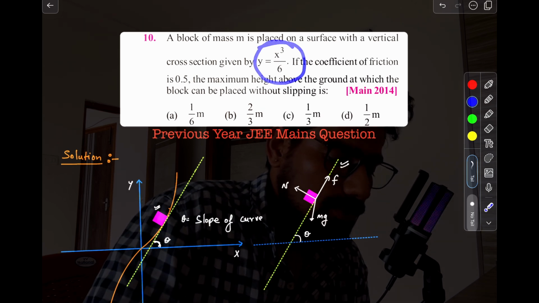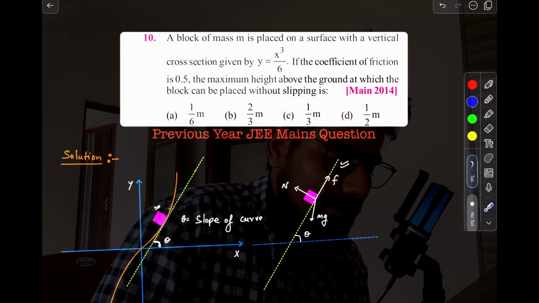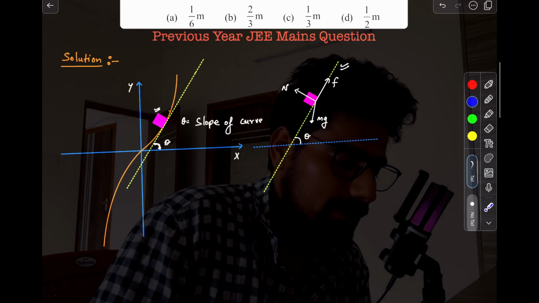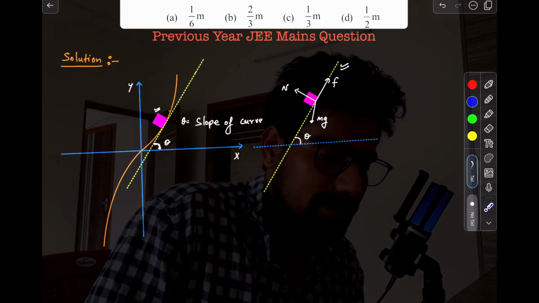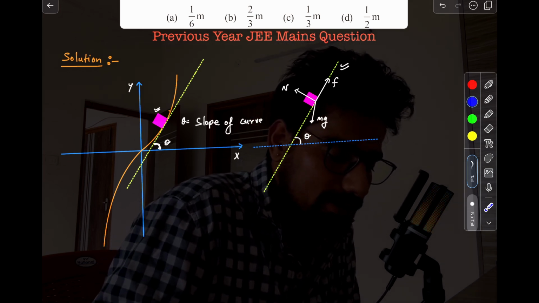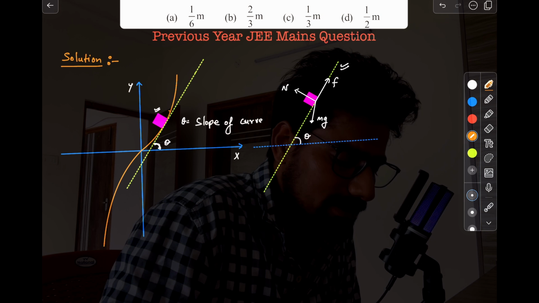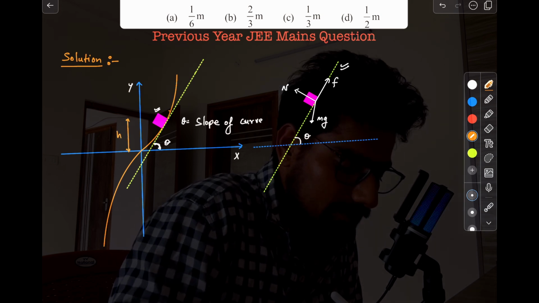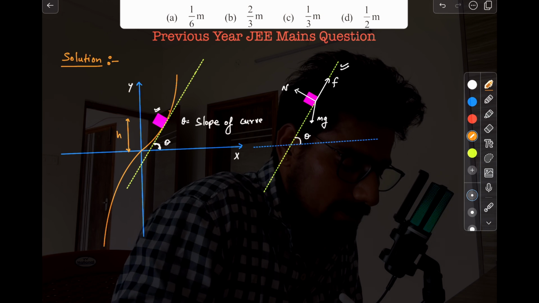They have given y equals x cube divided by 6, so we need to use that, right? So in the solution I have taken this diagram, and let's suppose this is theta and this is the height h. At this point it is starting to slide. At this point I am drawing a tangent.